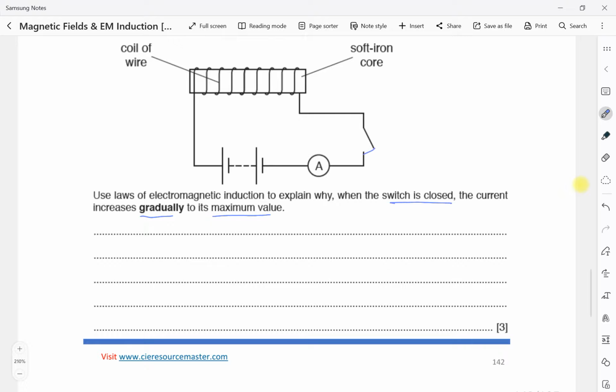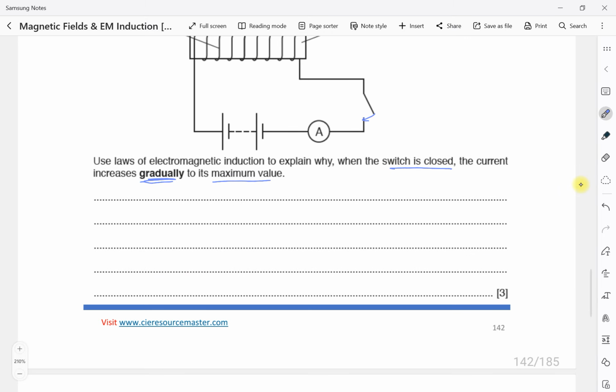When the switch is closed, the reading of the ammeter gradually increases to its maximum value, gradually instead of rapidly becoming maximum. Okay, so that is now Lenz's law.